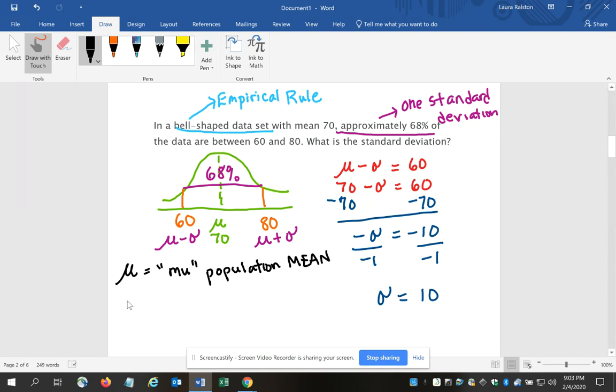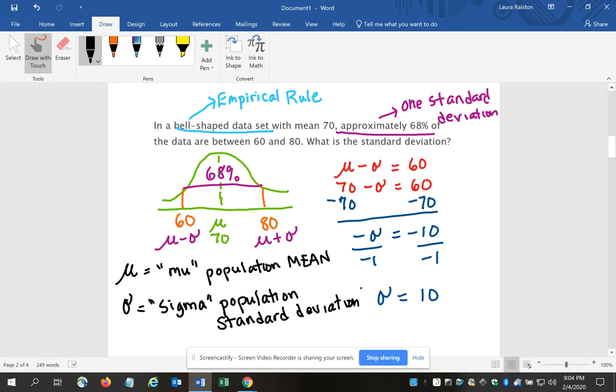And this little funky looking o is the Greek letter sigma, and it always represents the population standard deviation.